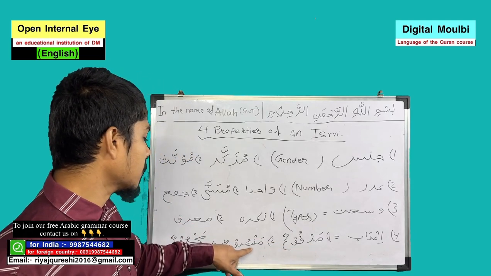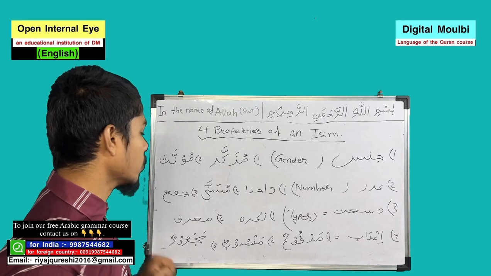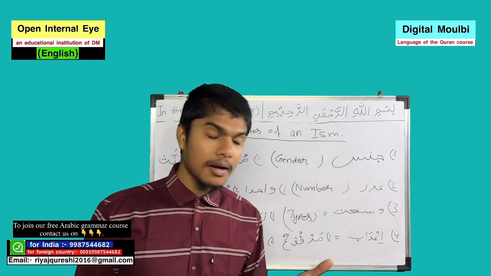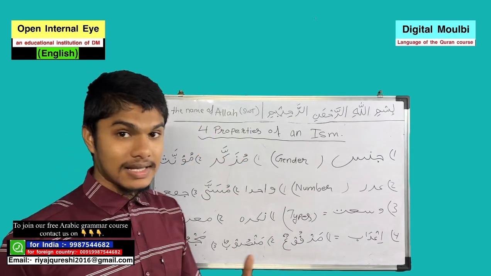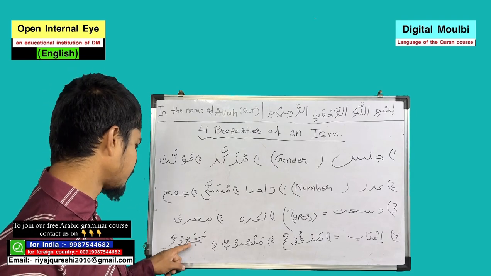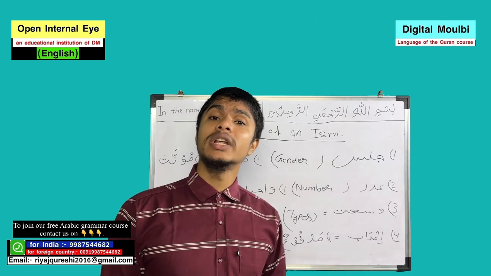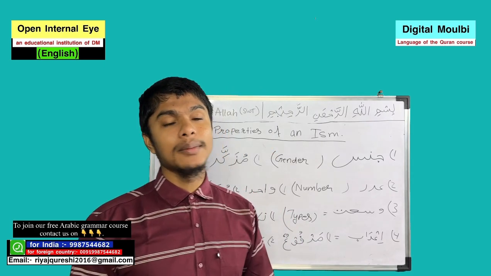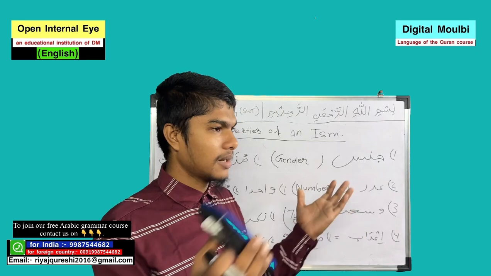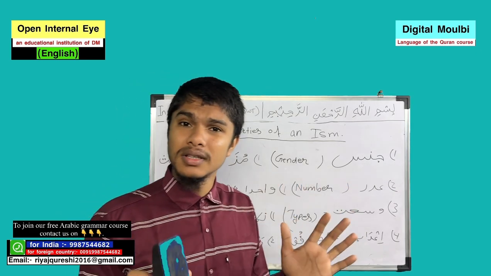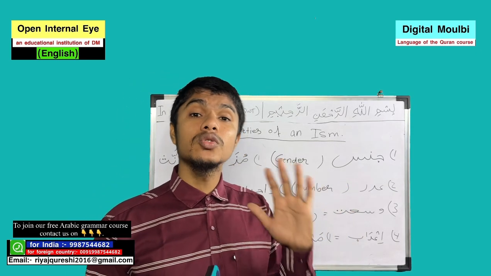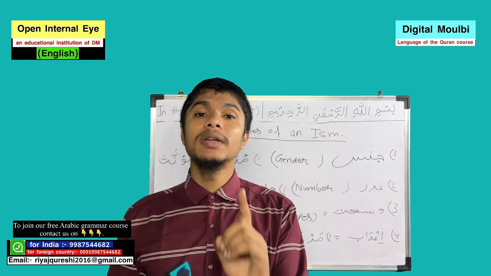Marfu'un, mansubun, and majrurun. Marfu' means rafa', mansub means nasb, and majrur means jarr. When we are going to learn i'rab, then we will be able to understand what status is, and number, muzakkar, whatever it is. Okay, so when we are going to learn i'rab, at that time you will be able to understand.